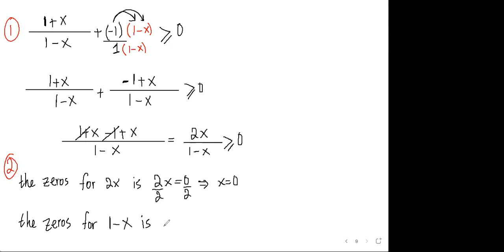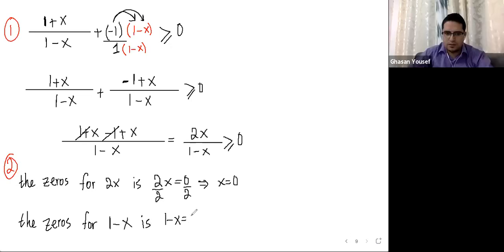It's 1. 1 minus x equals 0. So we add x to both sides. I get 1 equals x. So the zero is 1. So I get 2 zeros. The first zero is x equals 0, and the zero for the denominator is 1.